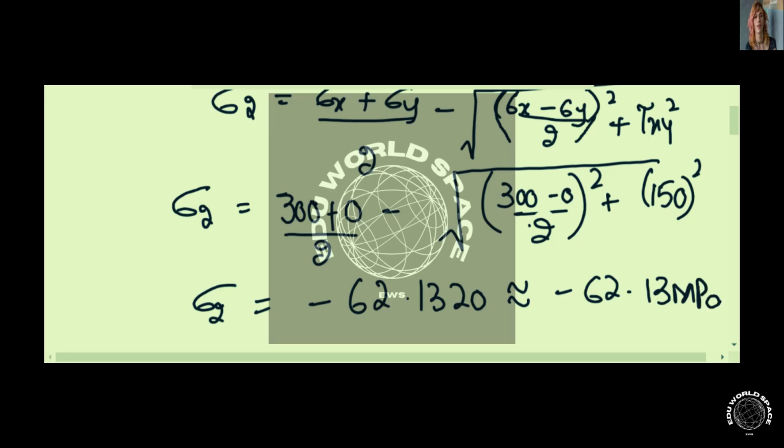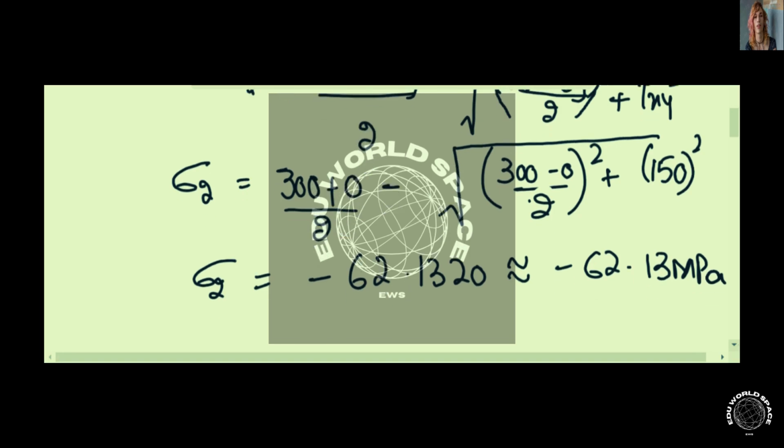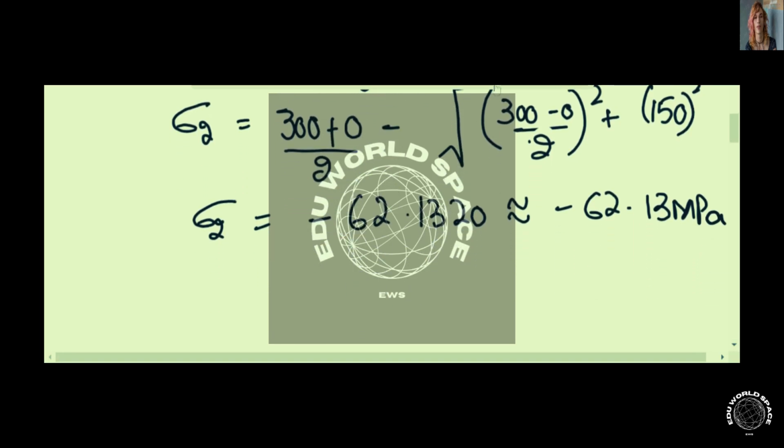and that is approximately equal to negative 62.13 megapascals, right? Now what we're going to do from here is that, as you can see, these principal stresses have different signs, right? So it means that the correct form of equation 10.27 would be sigma sub y is equal to the absolute value of the difference of sigma sub 1 negative sigma sub 2, right?